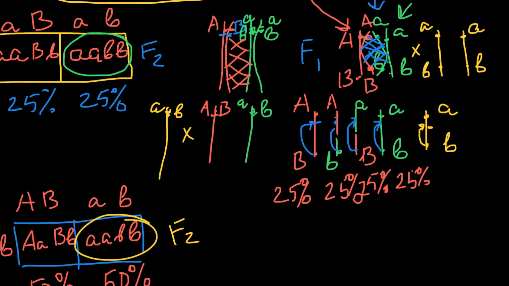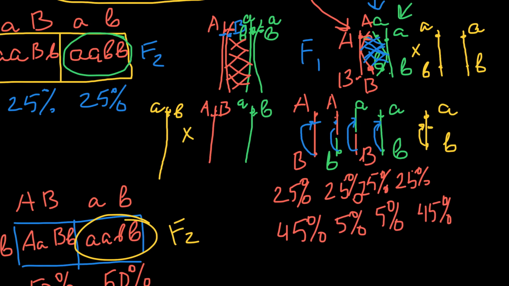So imagine that the frequency of the crossing over now would be not 50% but 10%. So how are our numbers going to change here? 10% crossing over means that new recombinants would be 5% of this type, 5% of this type, together 10%, and 45% of this type, and 45% of this type.